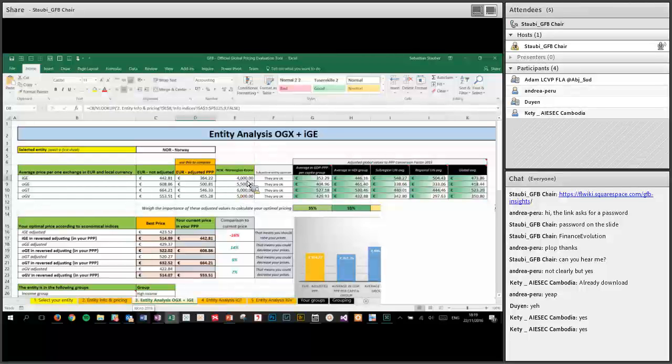Okay, then you need to compare this column with these 5 columns, with the adjusted global values to purchasing power parity conversion factor of last year, which is the current value.